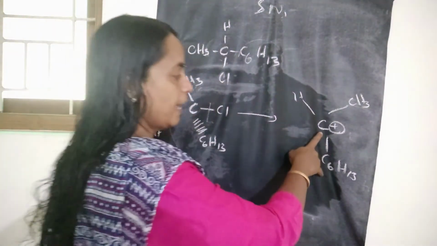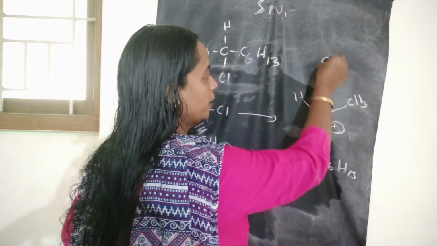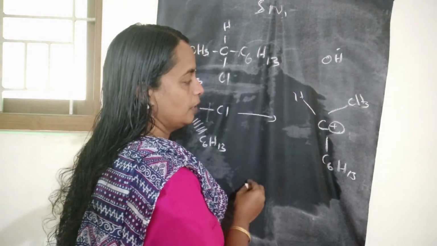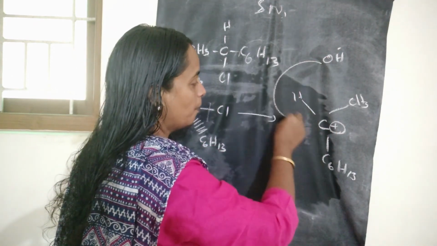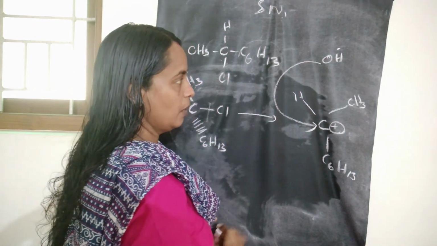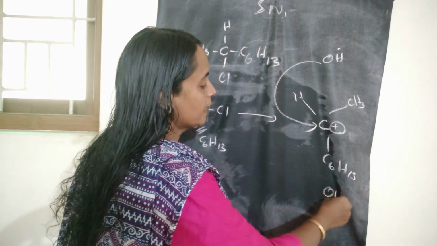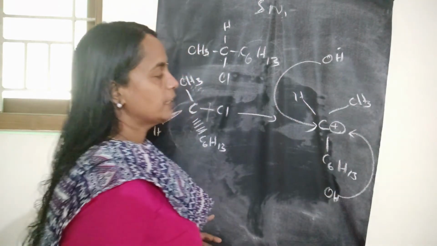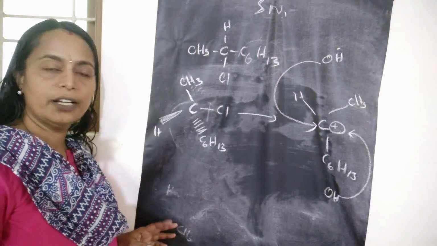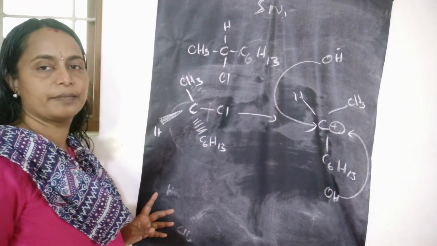And this carbocation can be attacked by the OH minus from the opposite side of the Cl, or it can attack this carbocationic site from the same side from which the chlorine has left.